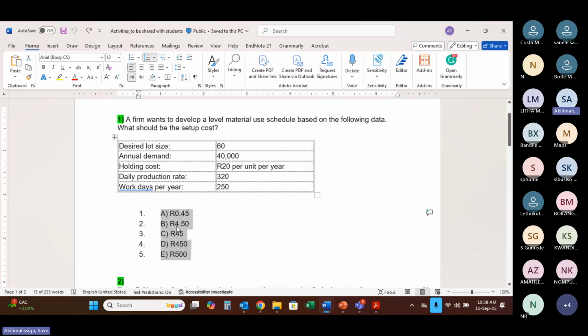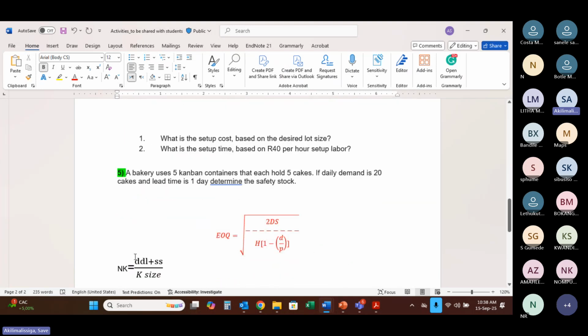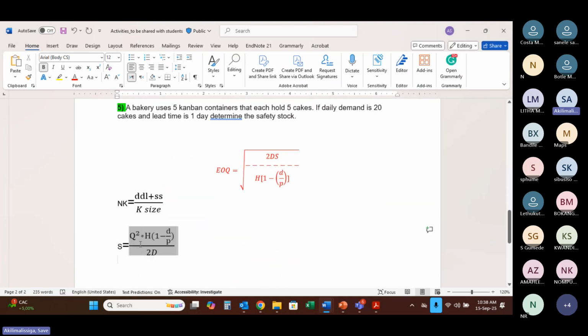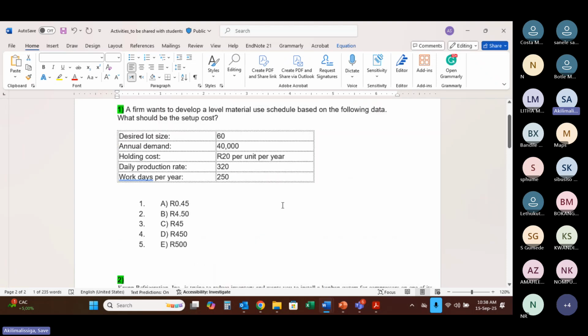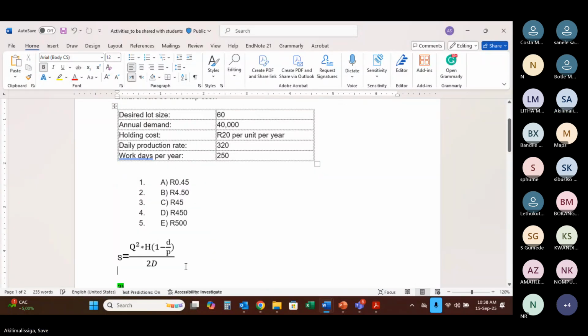You don't even need these options, but since they are there, it's not a big deal. So we are calculating the setup cost. This formula derives from the main formula of the EOQ. Let me just copy that and paste it here.